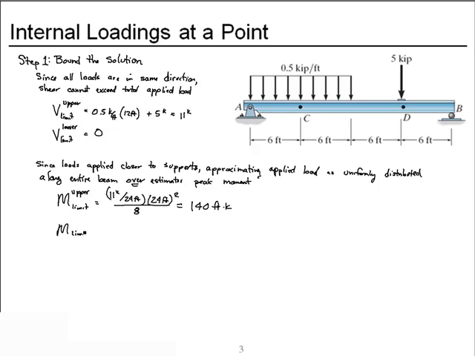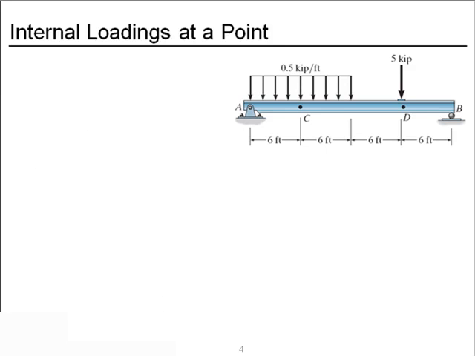Our lower limit, again, is going to be 0. We don't expect 0, and we definitely expect something less than 140 foot kips. Now step 2, let's confirm that this is a determinate and stable structure.